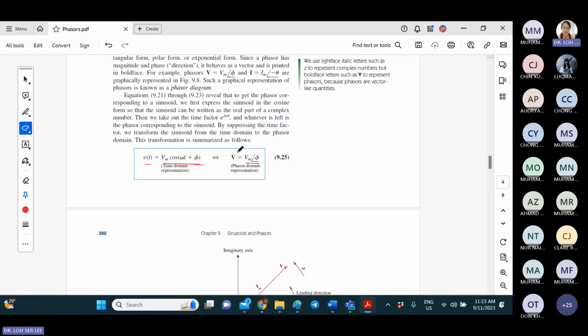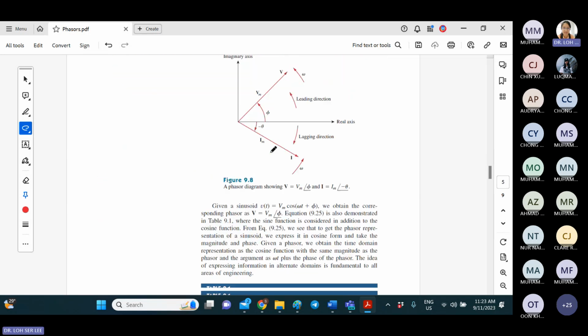If you compare these two, we can obtain this from here by taking the coefficient of cos, and also this. Okay, ω is a constant. We just take this φ here. To form the phasor domain, we just take the coefficient of cos and the φ here. So we get this.